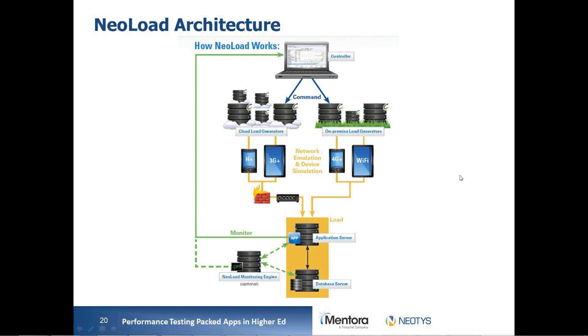In addition to that level of realism, you'll notice that we have a network emulation device, or simulation, as part of our solution, which ultimately allows us to add on top of the network under test realistic network parameters like packet loss, like latency, things of that nature, to give us an additional level of realism.